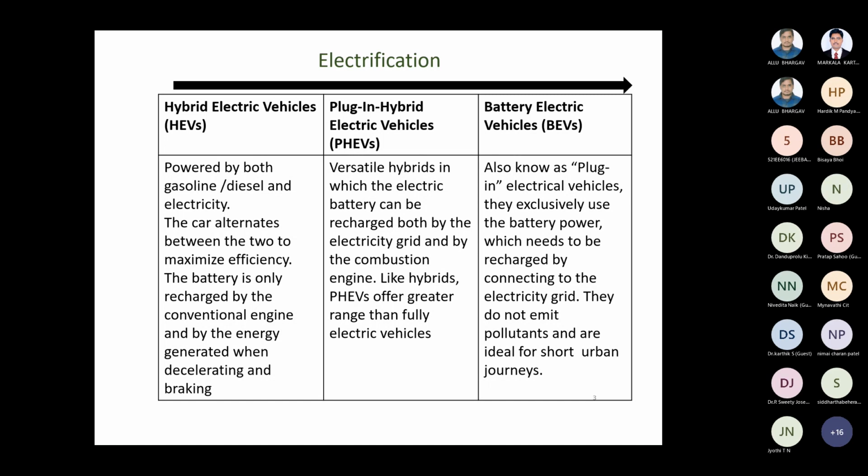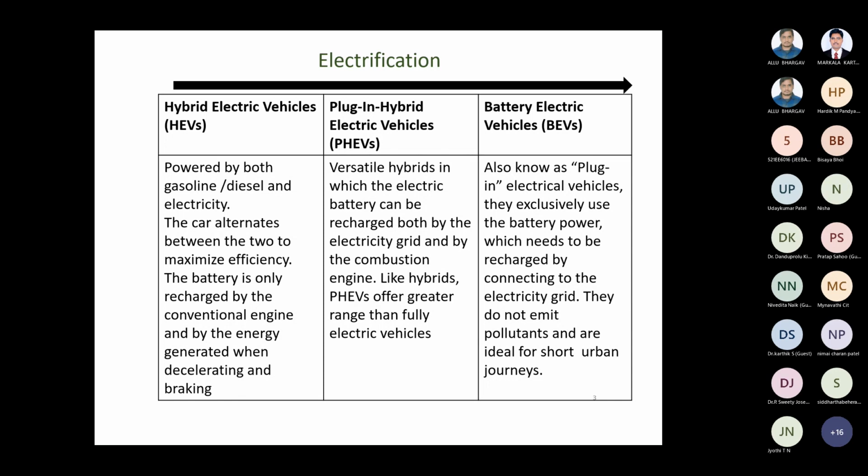Here the vehicle alternates between the two, either diesel or battery, to maximize efficiency. The main disadvantage in this hybrid electric vehicle is that the battery can only be charged through the conventional engine, and energy generated when accelerating or braking will be utilized to charge the battery.